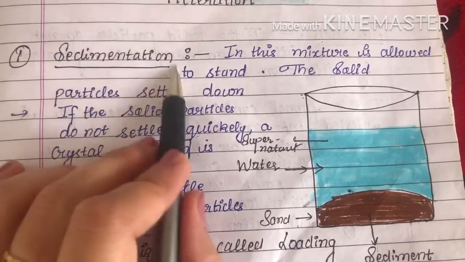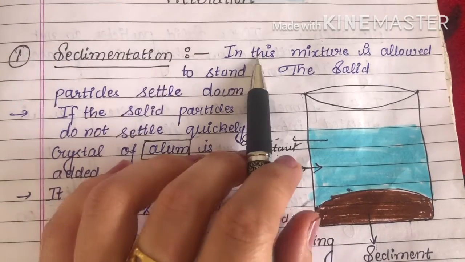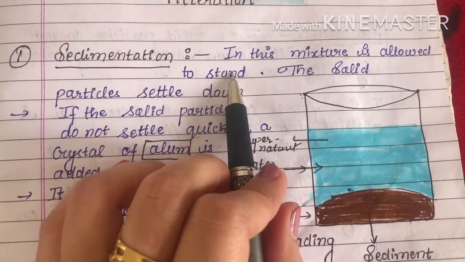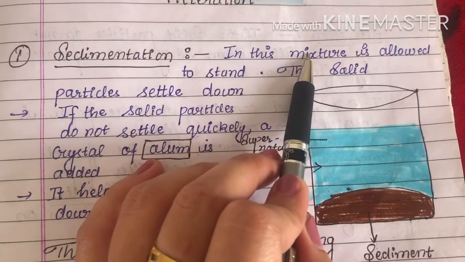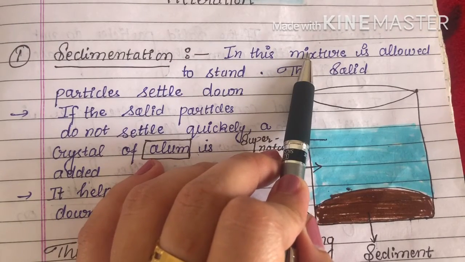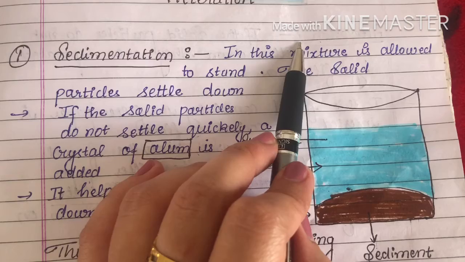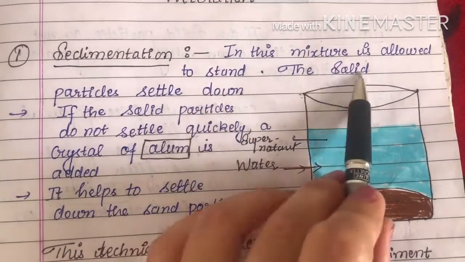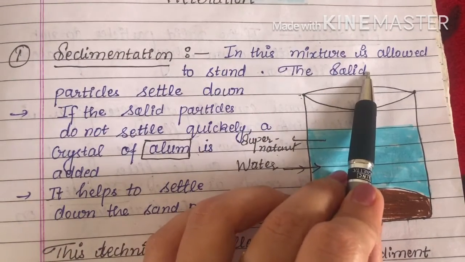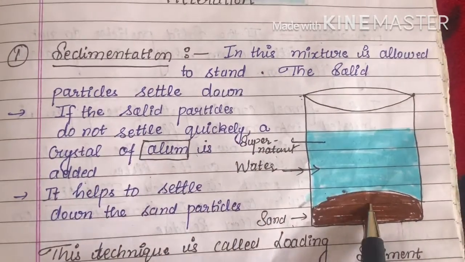What do you mean by sedimentation? The mixture is allowed to stand. In the mixture, pure and impure substances are present. When the mixture is allowed to stand, the solid particles settle down. The solid here is the impurities that settle down.